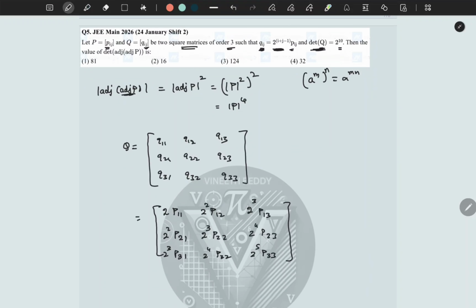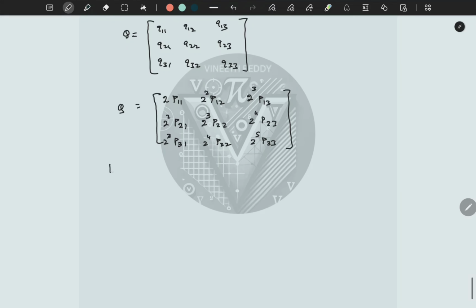So this is basically Q. What will determinant of Q be equal to? The matrix Q is the above one, and determinant of Q will be this.